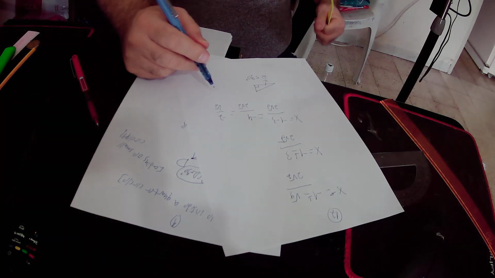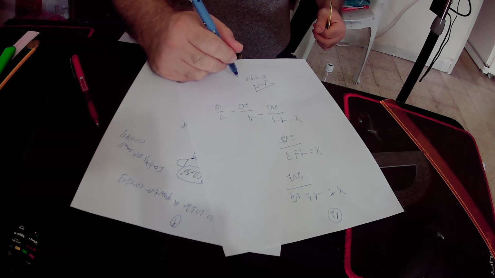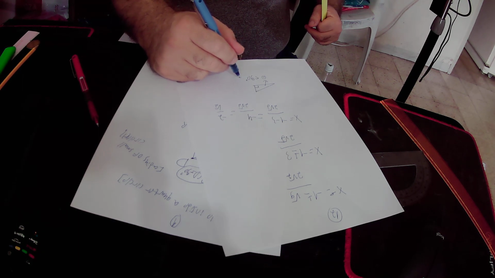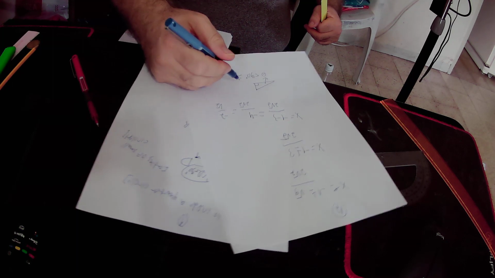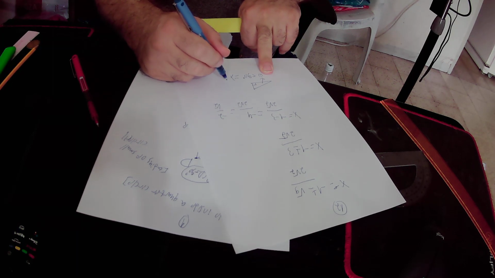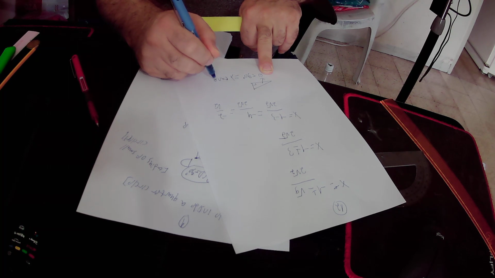Therefore, x equals tangent theta. If theta is less than 90 degrees, then we can deduce that x, that is tangent theta, must be greater than 0.